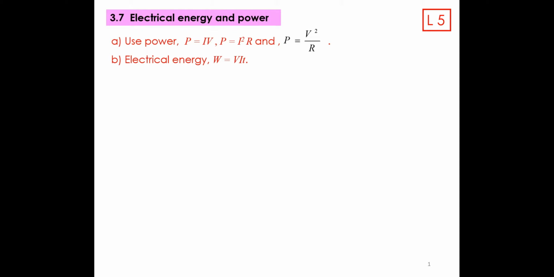The first one is use the equation of power: P equals IV, P equals I squared R, and the last one is P equals V squared over R. The second learning outcome is electrical energy, and the equation for this energy, work W, equals VIT.